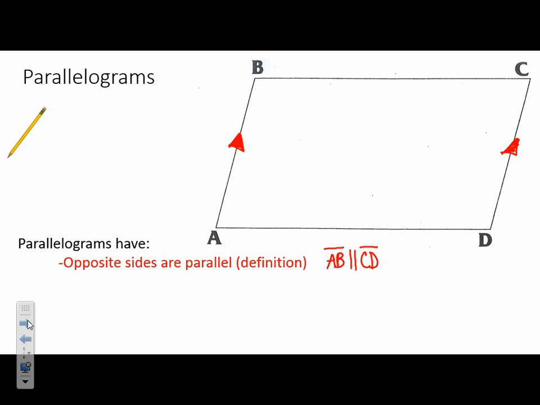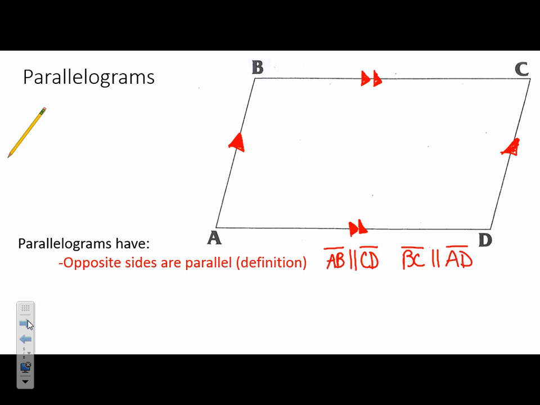That's one pair of opposite sides that are parallel. But in a parallelogram, it's not just those two sides that are parallel, the top side up here and the bottom side down here will be parallel as well, because both pairs of opposite sides are parallel. So we would say BC is parallel to AD. Okay, those are two facts that we have about this parallelogram.